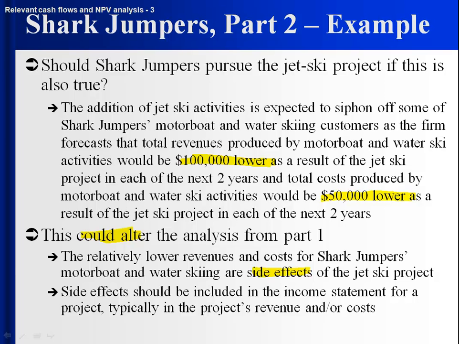So the way we want to incorporate it is go directly into the income statement by seeing how it affects revenues and costs, because it actually has an effect on taxes, so you can't just simply subtract 100 or 50 from some cash flow number or some net income number.